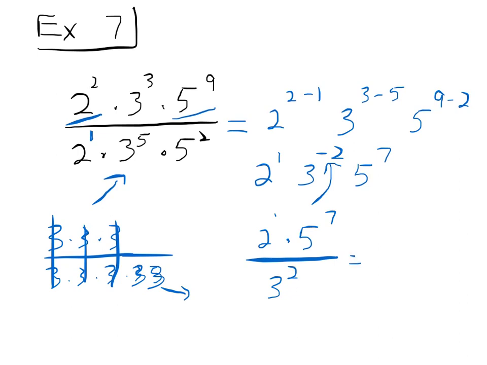And then actually do this on your calculator. Let's do 5 to the 7th power times 2. And we end up with 156,250, all over 3 to the 2nd power, which is 9. So on your calculator, just divide that by 9, and you're going to get a decimal.